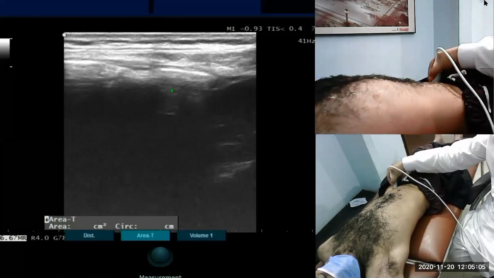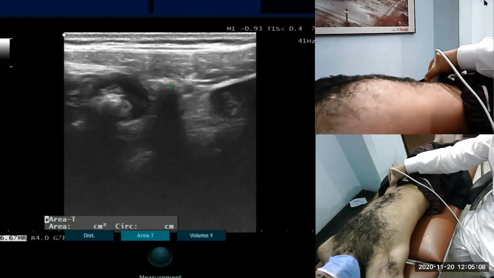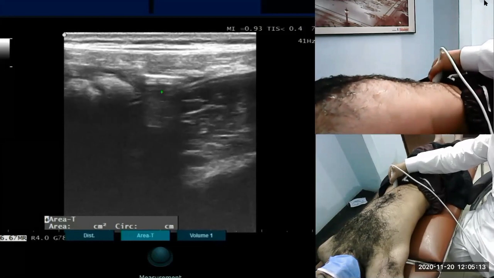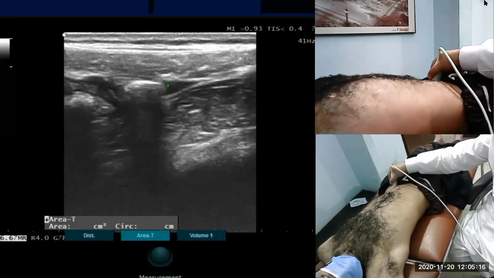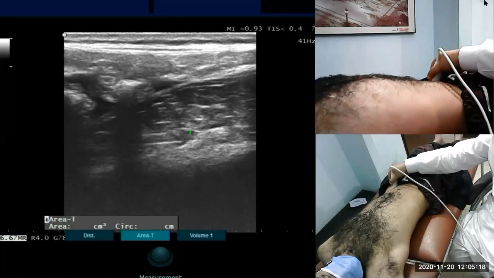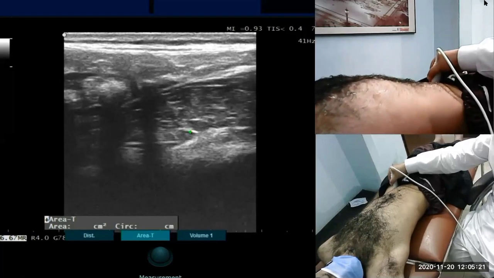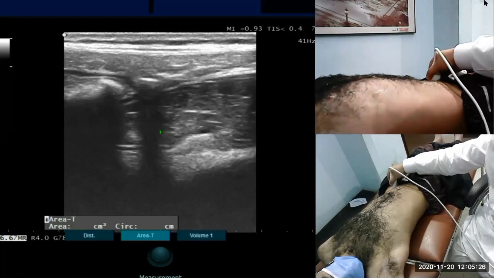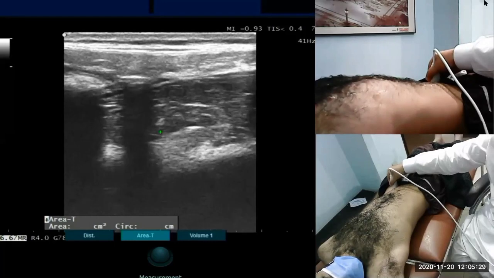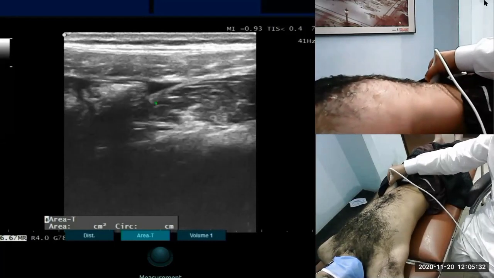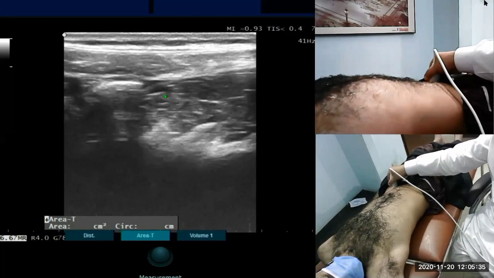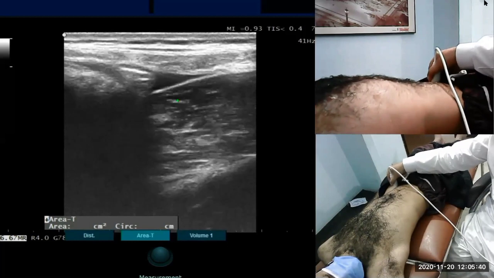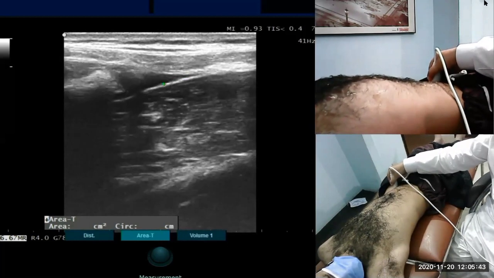And there you see the iliopsoas muscle. Now you can actually see some fluid in this triangle. So you see, asymptomatic, 100% asymptomatic. This is free fluid, this black. There you see. This triangle is free fluid.